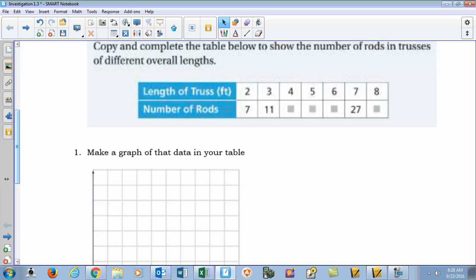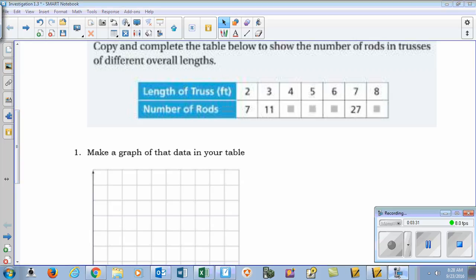Once you make a graph down below where number 2 is, describe the pattern of change in the number of rods used as the truss length increases. And be ready to let me know if this is linear or nonlinear. Okay? I'm going to check in with you at 8:35, give you guys 5 minutes. All right, go ahead.